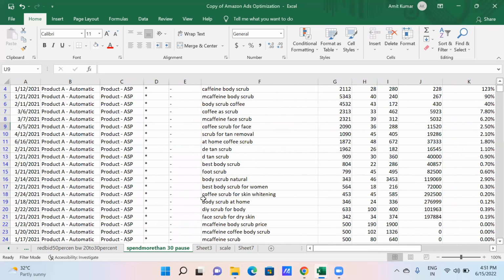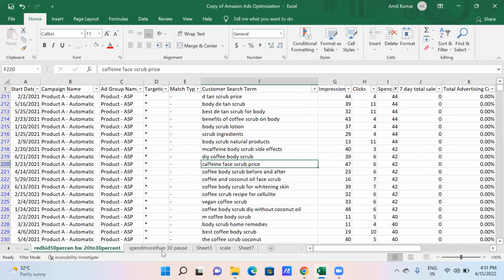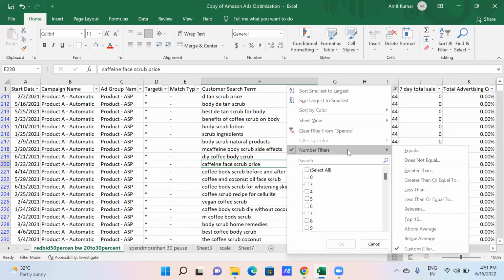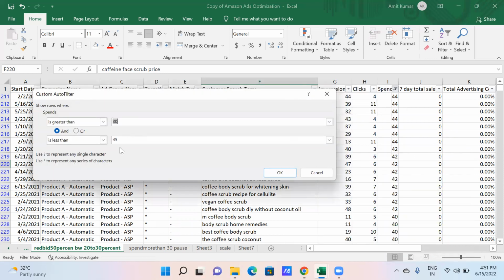Now another case: if our spend is between 20 to 30, what are we supposed to do? For that, you need to put a filter here. Again, if you go to spend, you see the custom filter that I've applied, between 30 to 45.